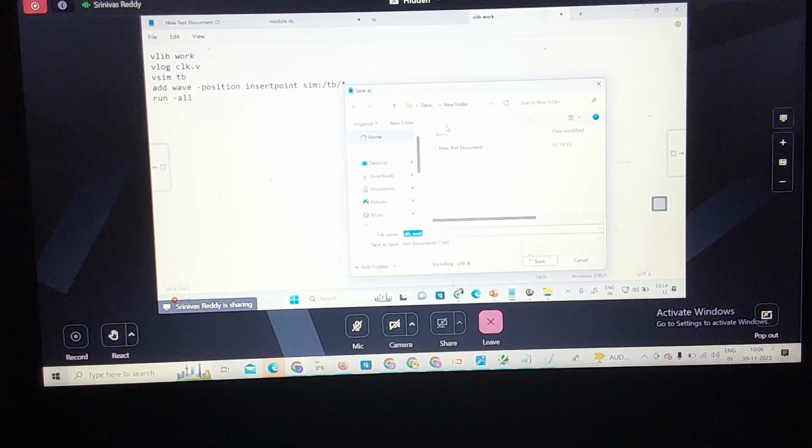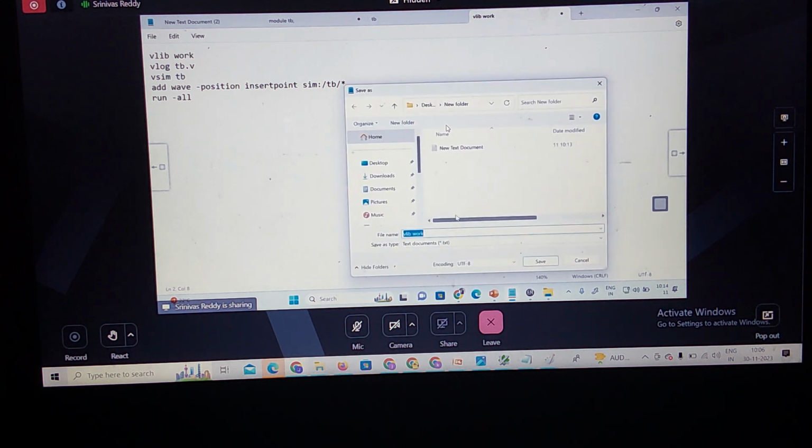So this I need to change into what? The file name I was given is tb.v. Then this is correct. Then I'm going to save this as run.do file. Then save all.